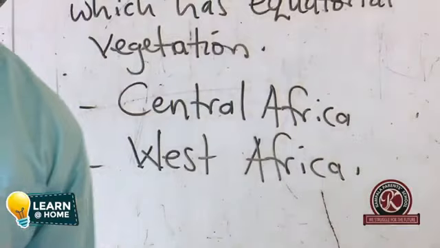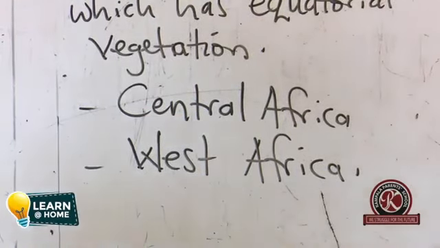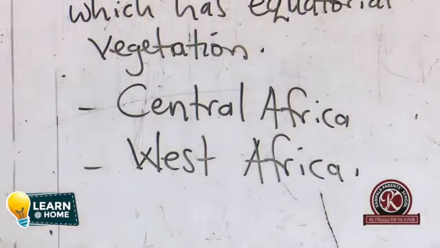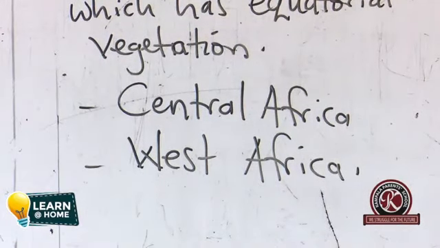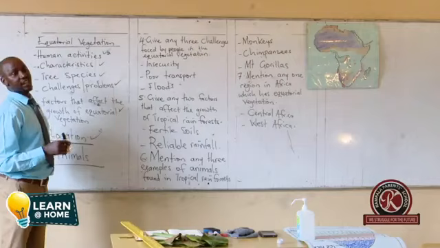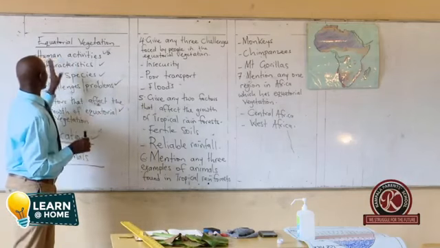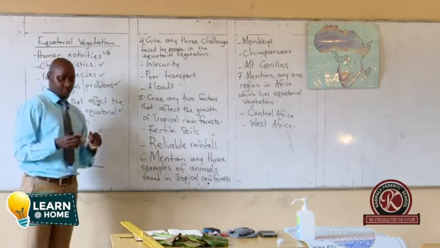Shores of Lake Victoria in Uganda have equatorial vegetation. Why? They receive a lot of rainfall. So, having looked at our subtopic, which is equatorial vegetation, let us now come and look at an activity about equatorial vegetation.